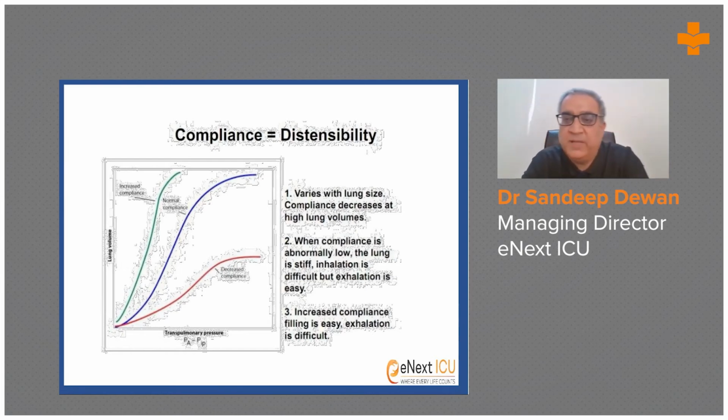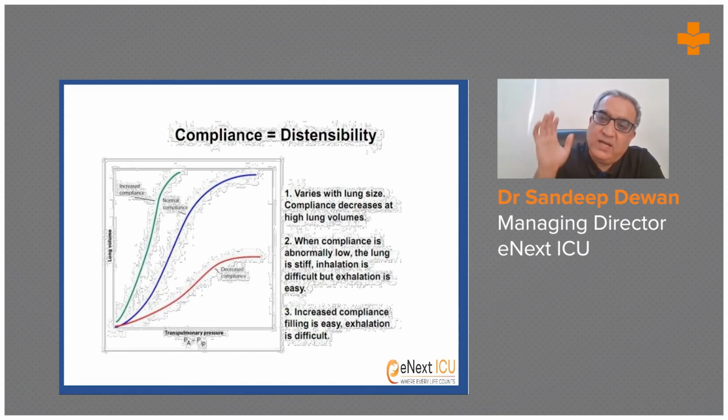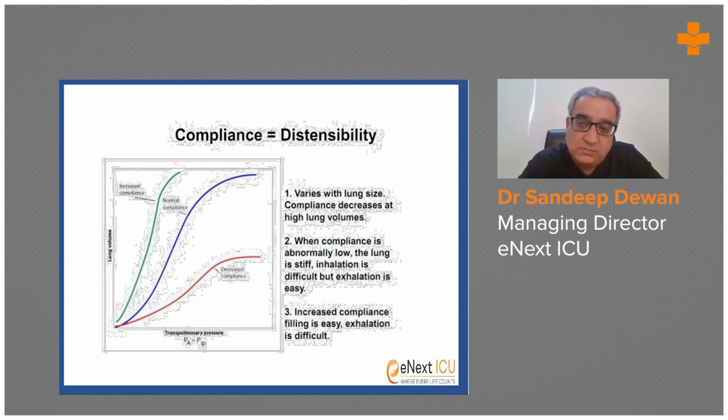Now, what happens if the compliance goes down? The graph will move from blue to red. So the graph moves downward and rightward. That means the compliance has gone down. And even by looking at the graph on the ventilator, you can say, oh, the compliance has gone down. What are the conditions when the compliance goes down?